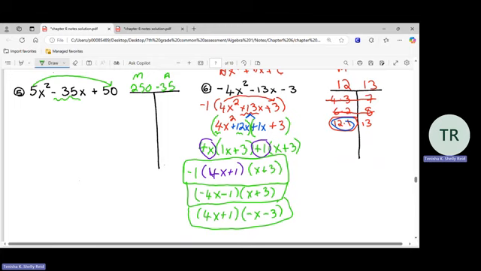Reaching into my stuff, let me see, 250, maybe that's 50 times 5, and they're negative. Okay, so that would give me positive 250, but added together, it's going to give me negative 55. That's not what I want, so I'm going to cross that out.